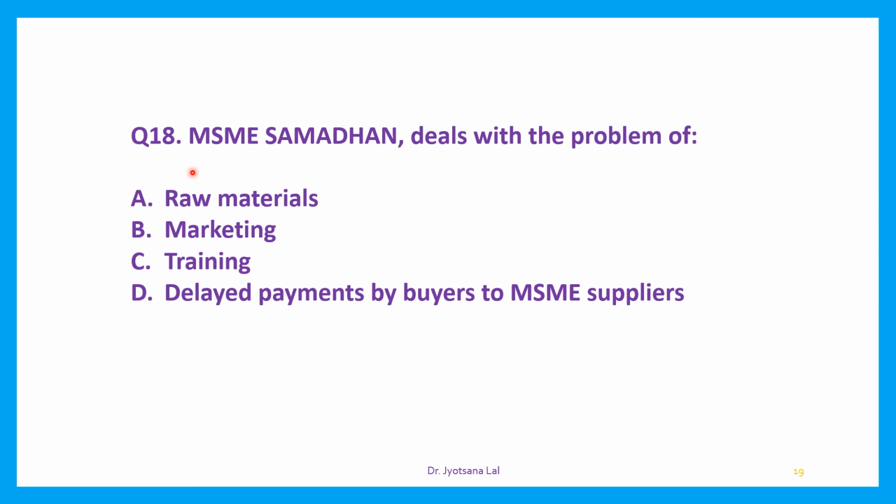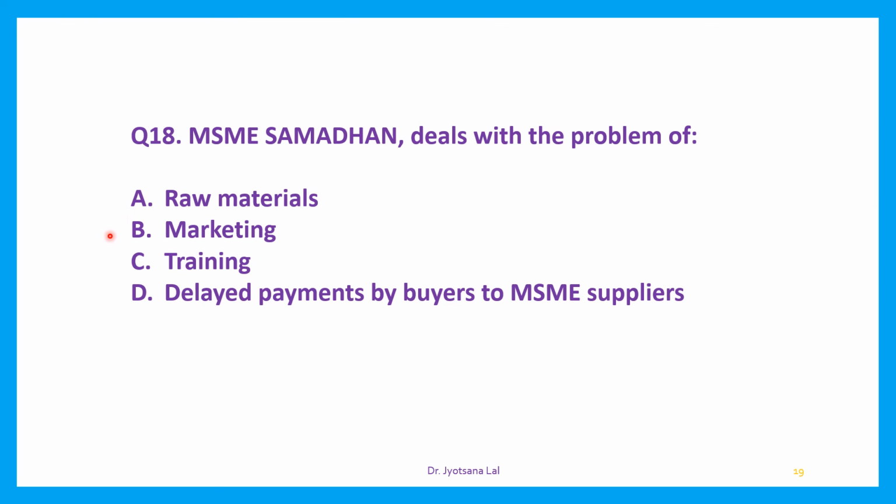Question number 18. MSME Samadhan deals with the problem of. This is one of the important steps taken by government to solve the problem of small scale industries. So which type of problem is solved under this particular scheme?